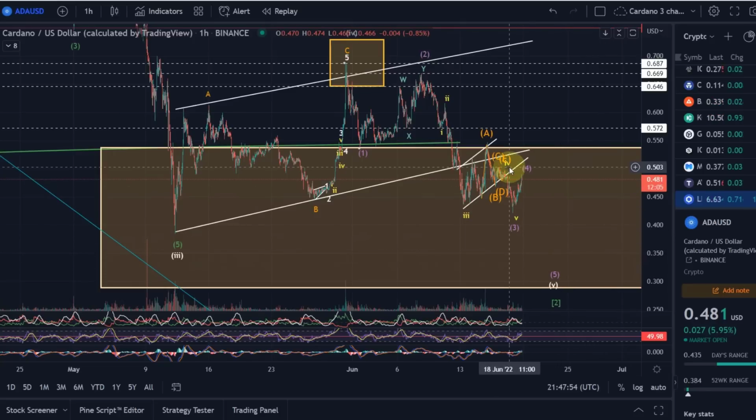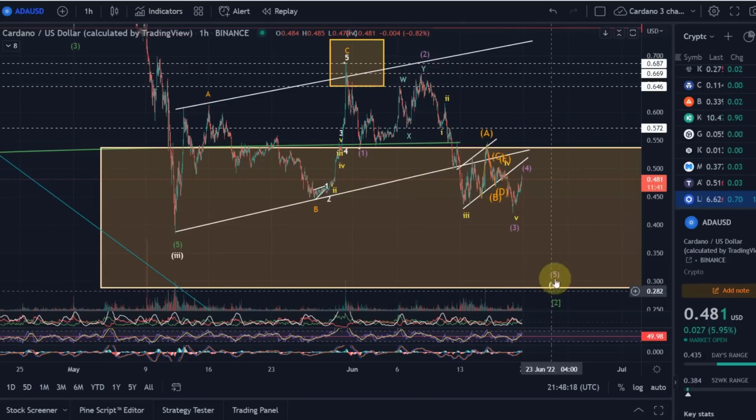Okay, one more thing we also need to understand, and this is something that not many people are aware of, especially not people who come new into the space. What we've seen in past bear markets is that Bitcoin started to recover quicker than the altcoins. So what happened before was when Bitcoin already started to recover, the altcoins dropped again.